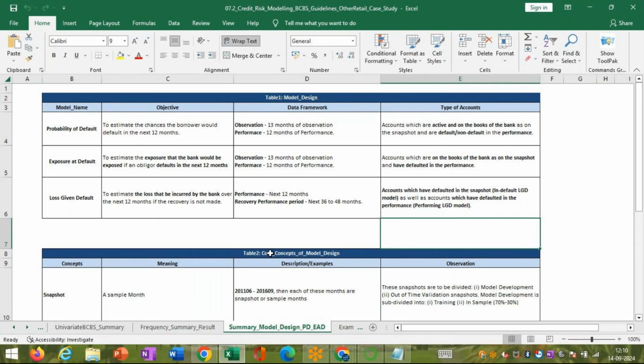I will be discussing model design, the key concepts of model design for PD, LGD, EAD, and then I will go on to development and calibration. And now I'll be talking full fledged about the guidelines.